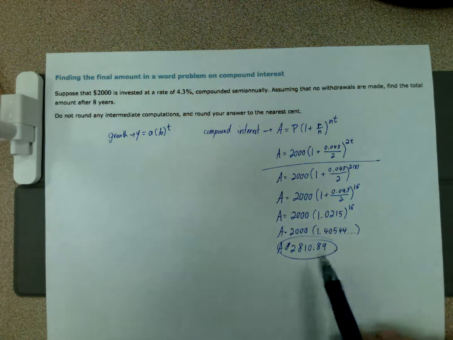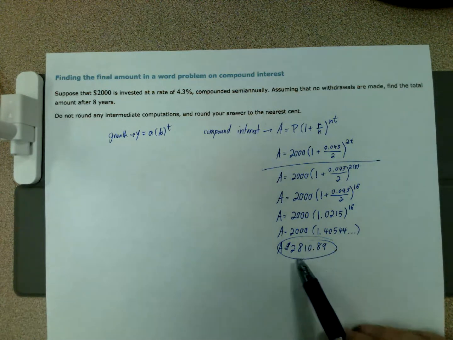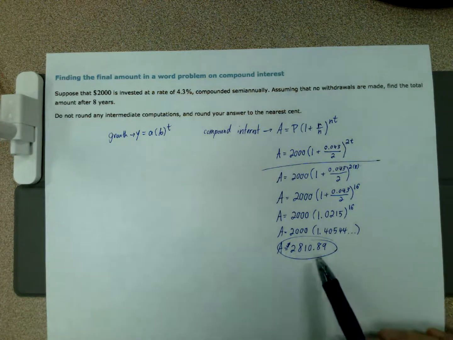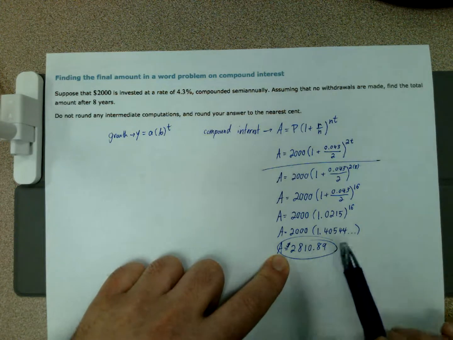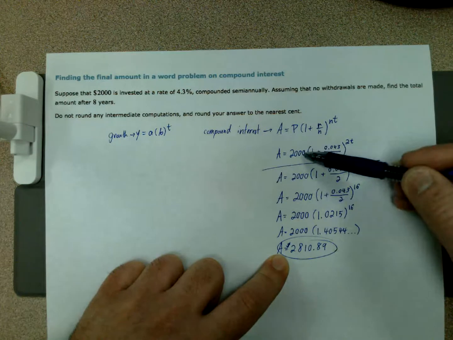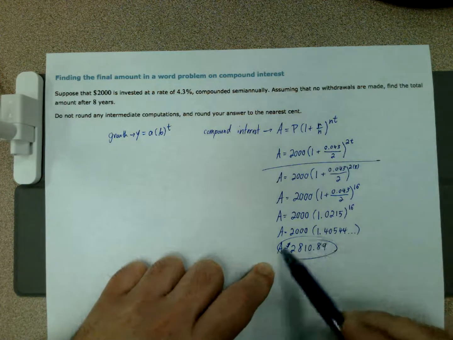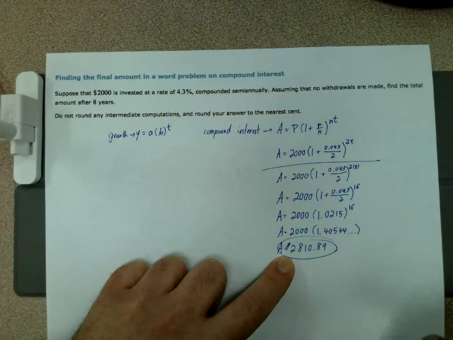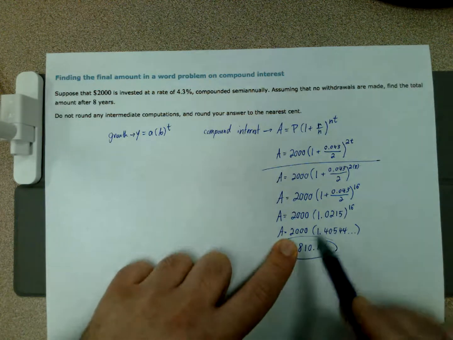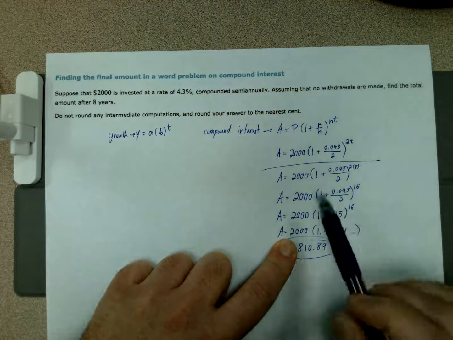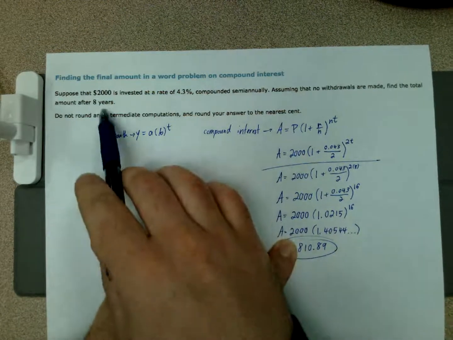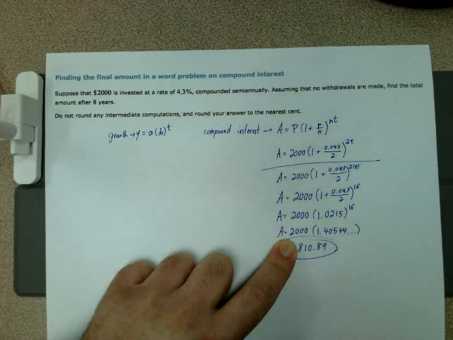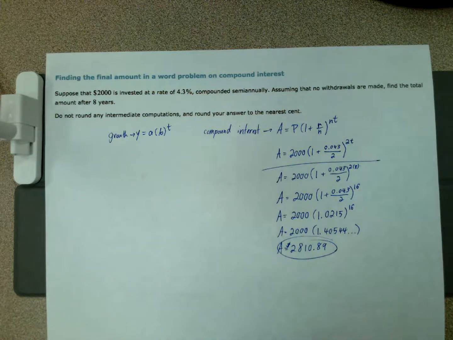It didn't ask me, but sometimes it asks you what the interest was as opposed to just the amount, and that would just mean find this and subtract off your original 2,000. So my final amount here is $2,810.89. The amount of interest accrued, we just take the 2,000 that I invested back out. Because I invested it 8 years ago, I would have made $810.89 just by leaving it in that account.